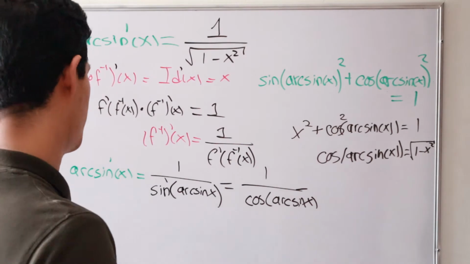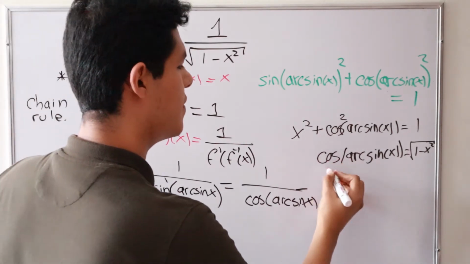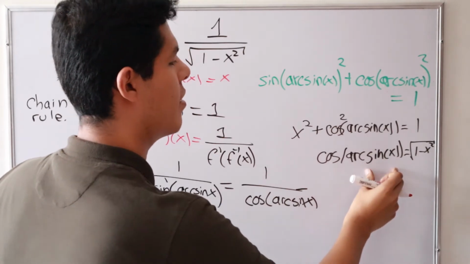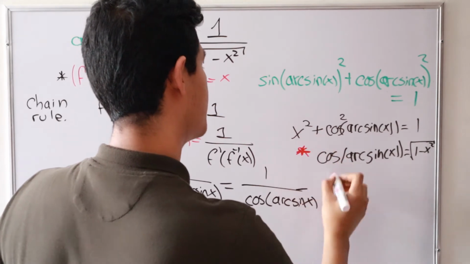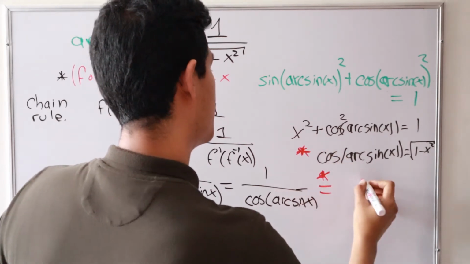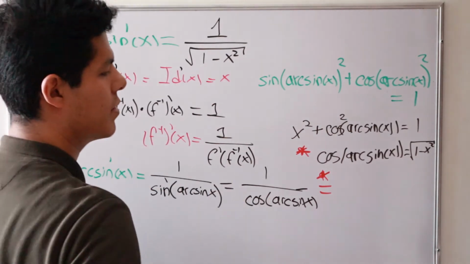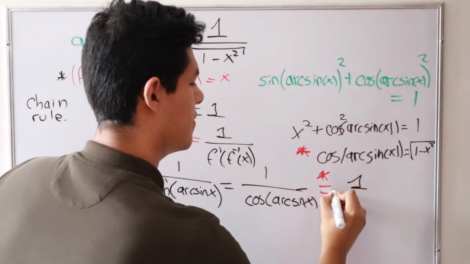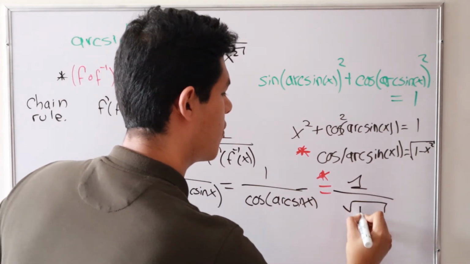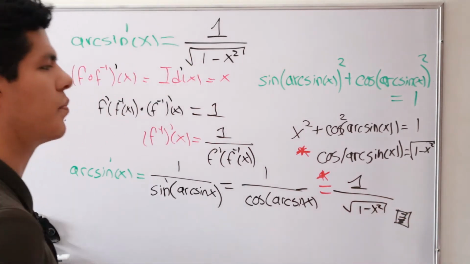So we have found that this function evaluated on arcsine of x equals this. So by using this, we have that the derivative of arcsine of x equals 1 divided by the square root of 1 minus x squared, as we wanted to prove.